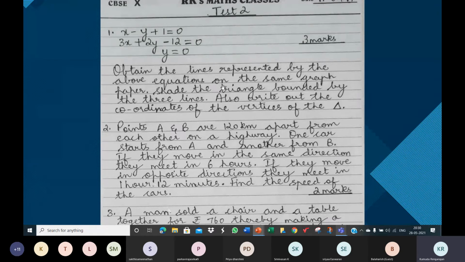Also, for both the lines, there is some mistake.